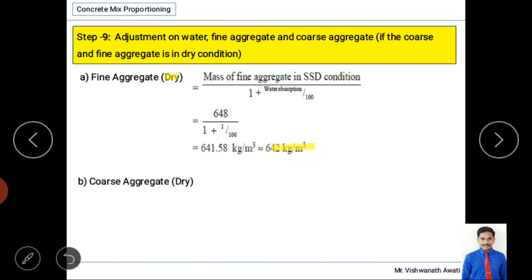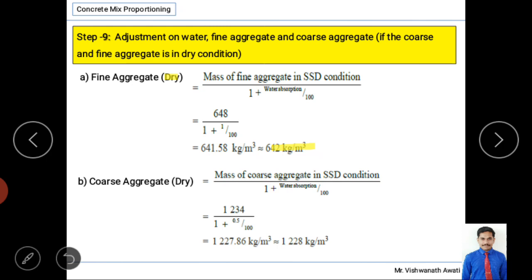Just remember, SSD means wet condition, dry means dry condition. Similarly, we are going for coarse aggregate. Same formula: mass of coarse aggregate in SSD divided by 1 plus water absorption divided by 100. Then mass of coarse aggregate in SSD is 1234 and 1 plus 0.5% of water absorption for coarse aggregate. Then we will get the value of coarse aggregate in dry condition as 1228.